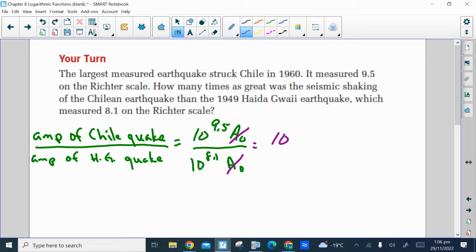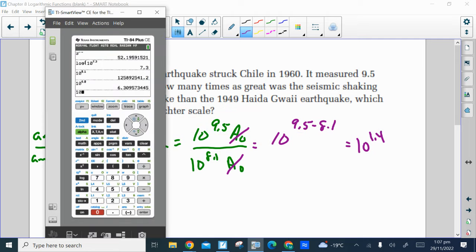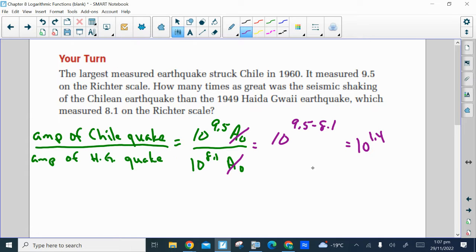And we're dividing powers with the same base, so you subtract the exponents and keep the base the same. So it's 10 to the power 9.5 minus 8.1, or 10 to the power 1.4. Which, if we use our calculator to see what that is as an actual numerical value, it's approximately 25.12 times more intense. 25.12.